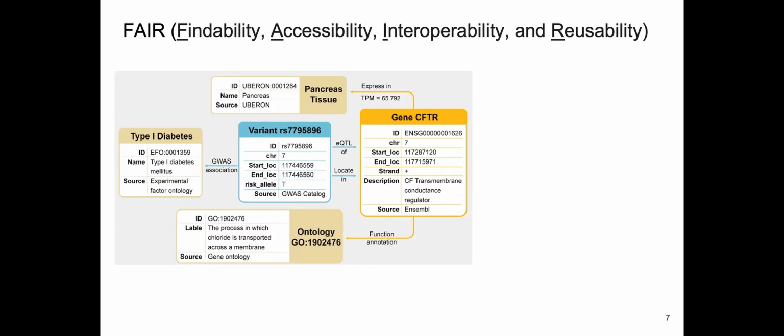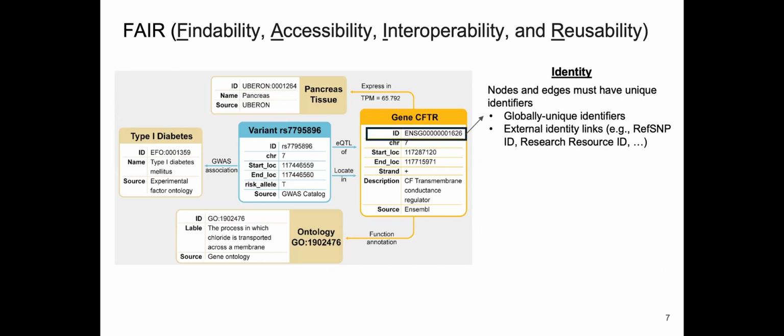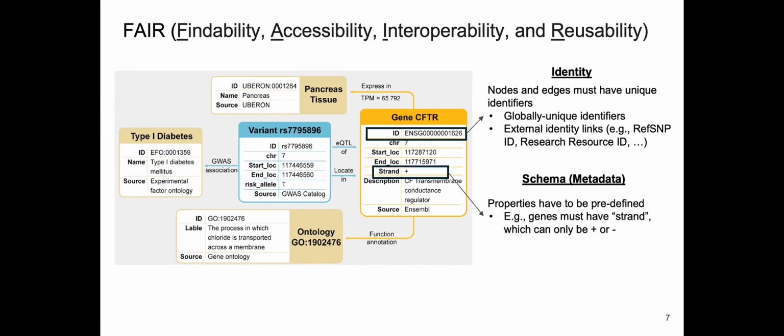Another reason is that it promotes the FAIR principles. When we implement the knowledge graph, we will use identifiers. The nodes and edges must have unique identifiers, ideally a globally unique identifier or an external identifier that is widely used. Second, when we define the nodes, we also need to refer to a collection of schema or metadata.